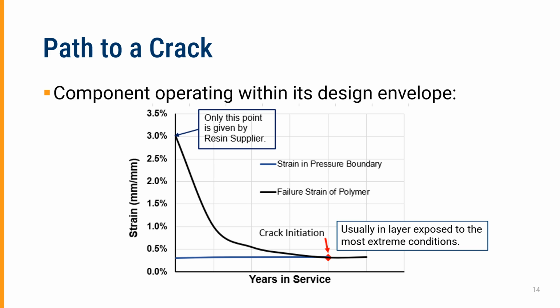This crack usually initiates in the layer exposed to the most extreme conditions, for example, in something exposed to chemical attack that accelerates this change in those layers, perhaps on the process side. Now, the important thing is when the minimum thickness of FRP in the pressure boundary is exposed to this strain level, that's where we can have a failure initiate.